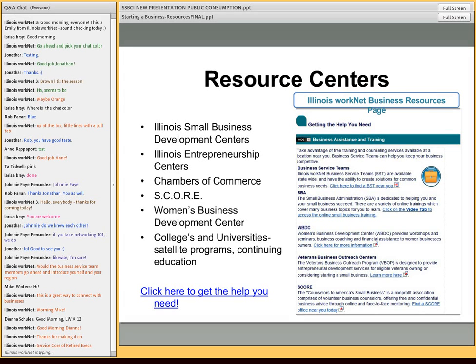SCORE stands for the Service Corps of Retired Executives. They are located in the same offices as the SBA downtown in Chicago, and they also provide free individual counseling, advising young entrepreneurs or people young in their business to be successful in their venture.